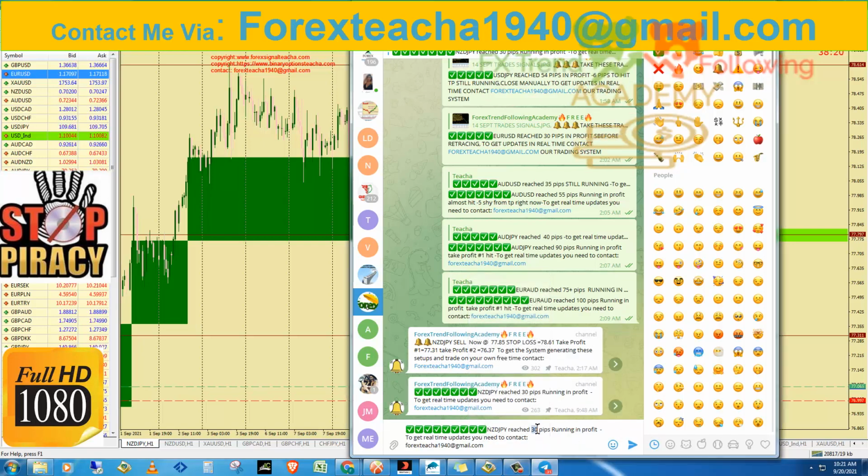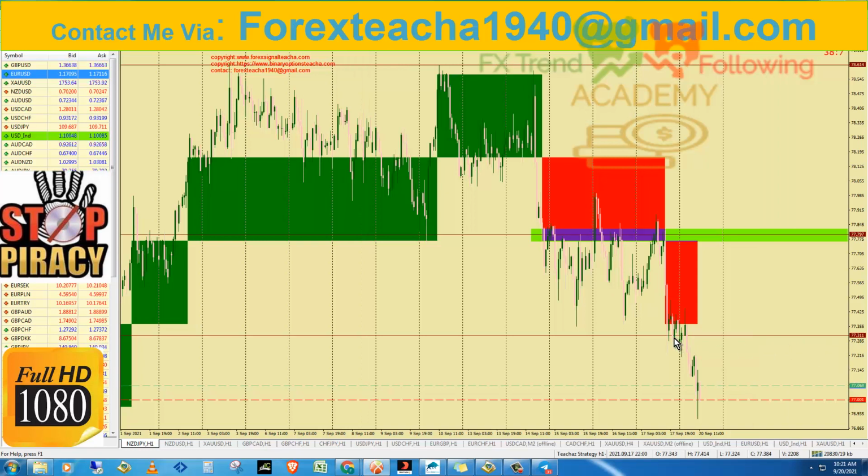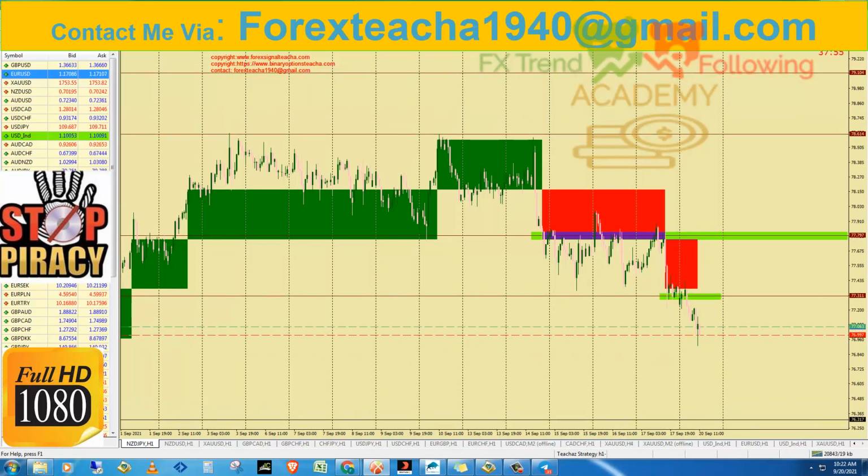This trade has reached 88 pips, and it has actually hit our take profit. Let's see which one is take profit number 1. Take profit number 1 was 7731, which was hit right here. Take profit number 1 was hit, and the trade is running 88 pips in profit towards our take profit number 2, which is down here.